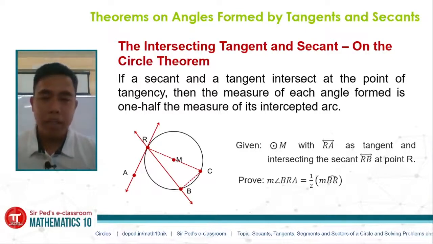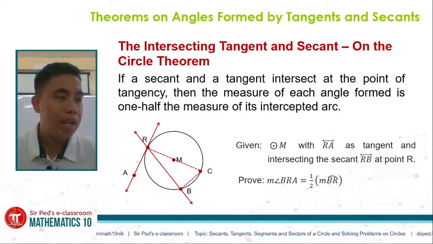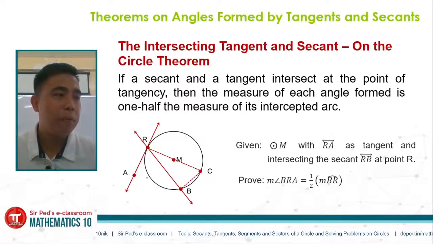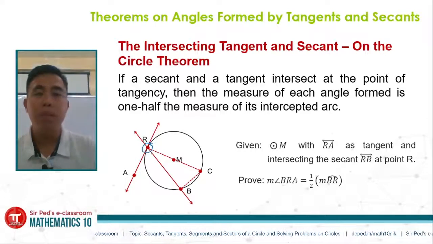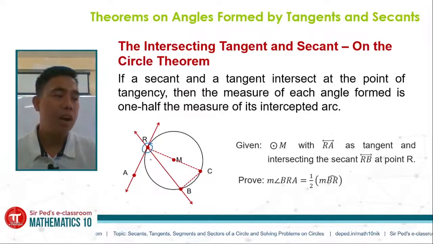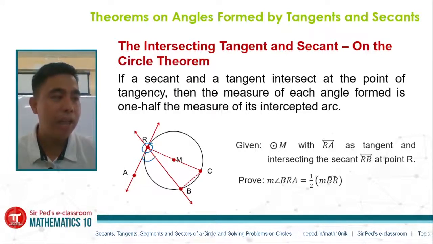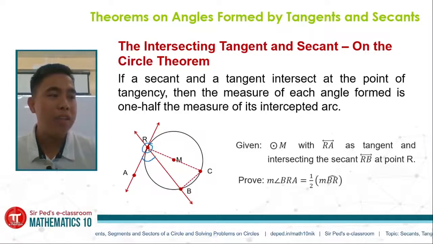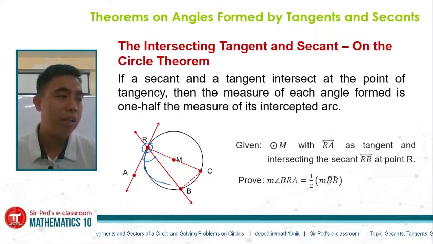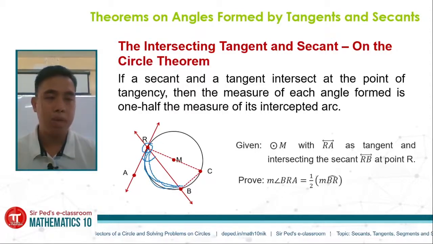So in here, we have a circle M with RA as a tangent line and RB as a secant line intersecting at the point of tangency R. We are going to prove that angle BRA is equal to 1/2 the intercepted arc BR. The intercepted arc BR, that one.